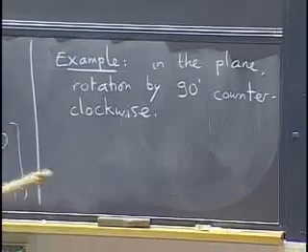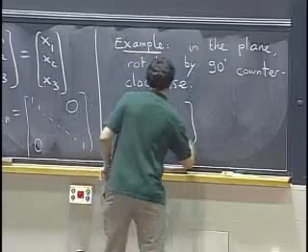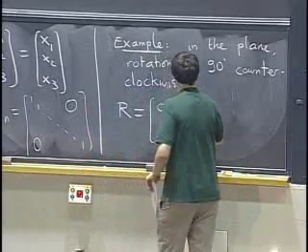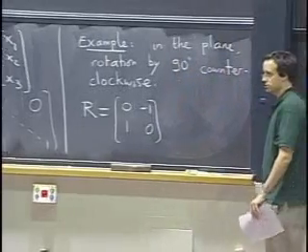So I claim that this is given by the matrix 0, 1, minus 1, 0. So let's try to see why that is the case.